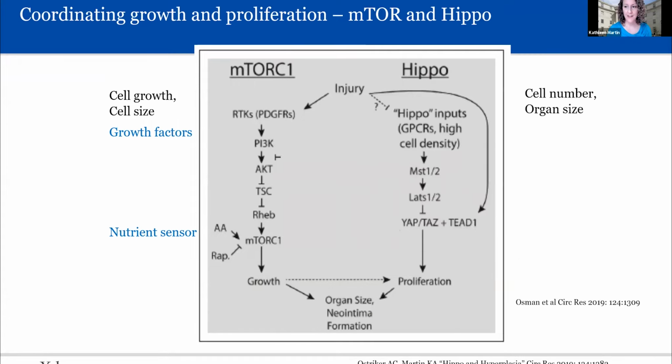On the other hand, organ size is regulated differently. The ultimate size of the organ involves the size of the cells, but primarily the number of the cells. And cell number is sensed by the Hippo pathway. It's regulated by inputs like cell adhesion and cell density. It gets its name Hippo because it affects organ size, and Drosophila has organ size phenotypes that are pretty remarkable.